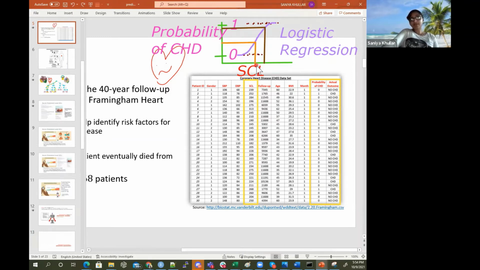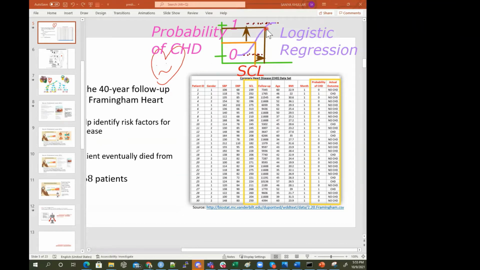If it increases to this spot, you go up here and you see how much your heart disease risk has increased. Do you see that? As your serum cholesterol level has increased, your risk of having it has gone up.